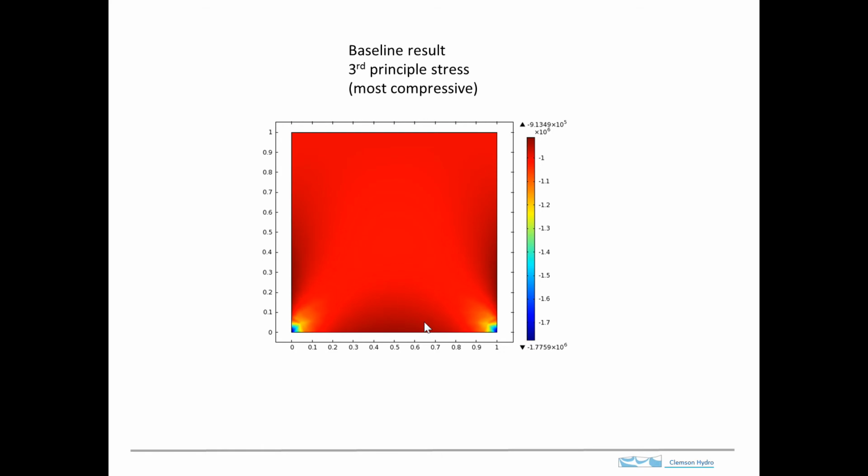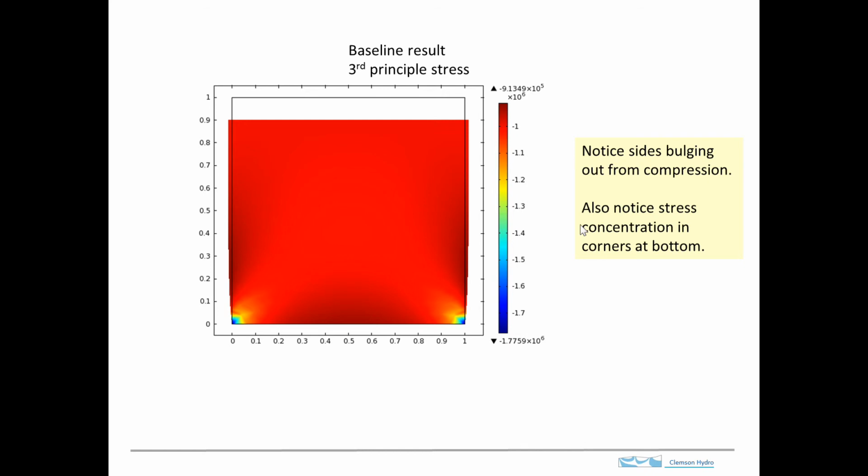The reason for that is the way the lower boundary condition is acting. If I allow the block to deform, and this is just an option you have in the display, so I push down on it and allow it to deform, you can see that the boundary condition has caused it to deform in a non-uniform way.